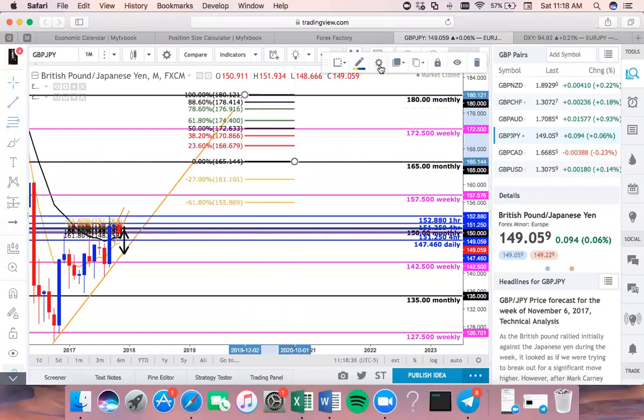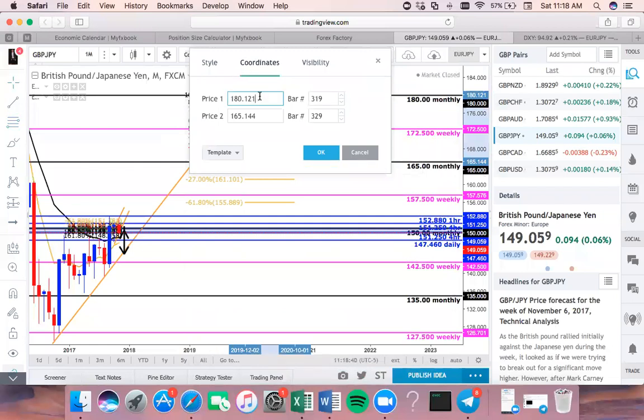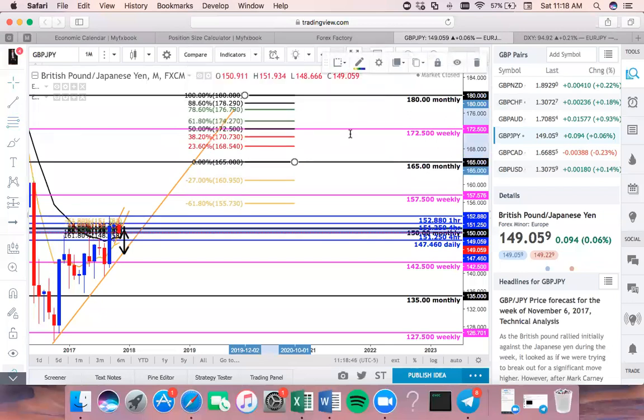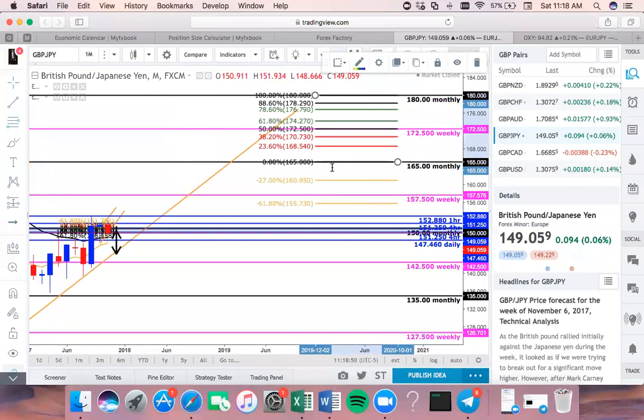You come in here, and you can make the coordinates more specific. So I know what it is. It's 180 and 165. Boom. So they line up nicely on my lines. Now, the next thing you want to do to find the weekly resistance: the weekly resistance is always going to be at the 50% fib level. It's always going to be at the 50% fib level.